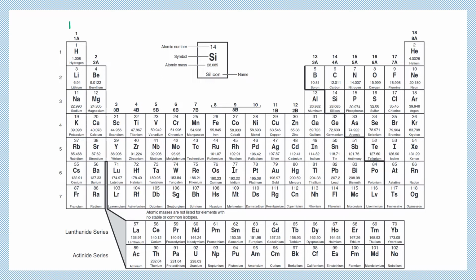So this one would be a positive 1, all of these guys positive 1, positive 2 here, positive 3. And then starting with nitrogen, negative 3, negative 2, and negative 1. That's where we got lithium to be positive 1 and oxygen to be negative 2.